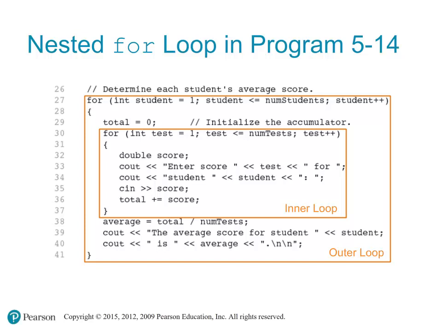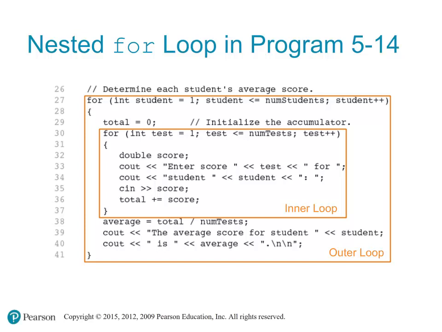The entered score is added to the total. After collecting all test scores for a student, the program calculates the average by dividing the total by numTests. The average score for the current student is then displayed.